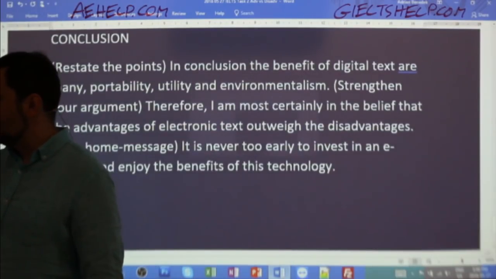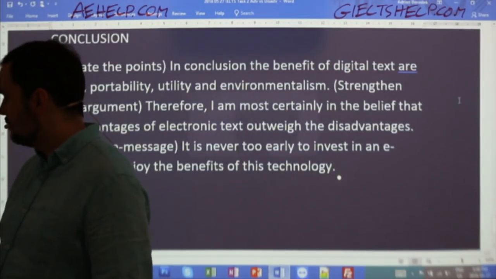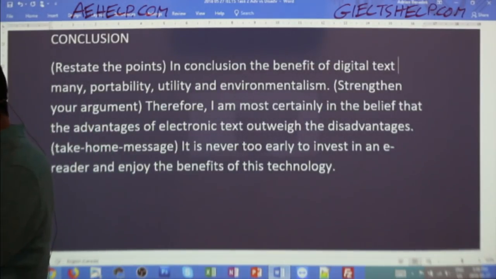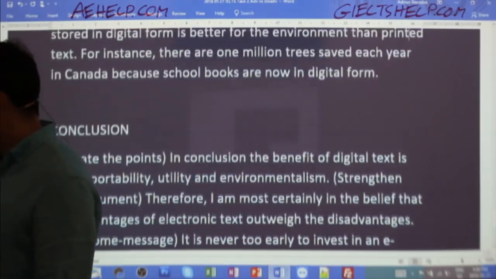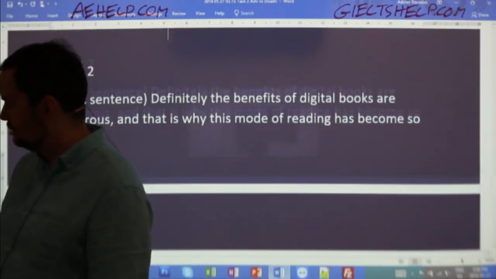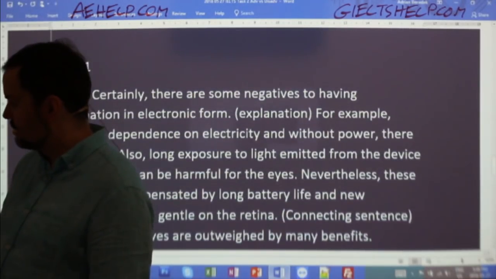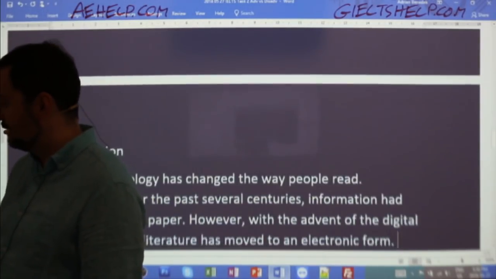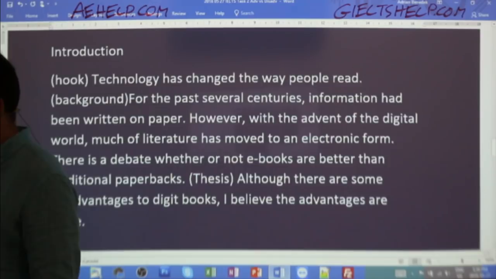All right, now, okay, now here, let's just read through, see how we did, see if it makes sense, check if we reach that 250 word minimum, and just refresh.